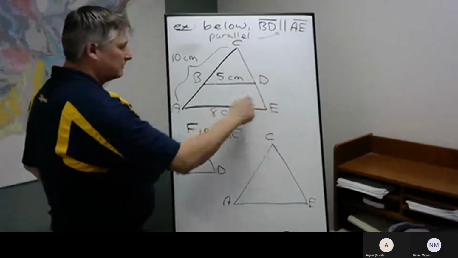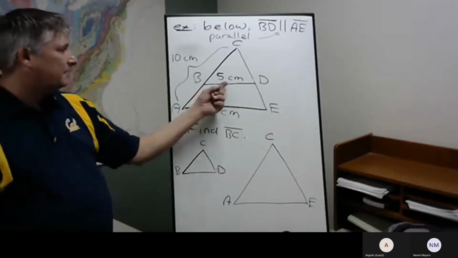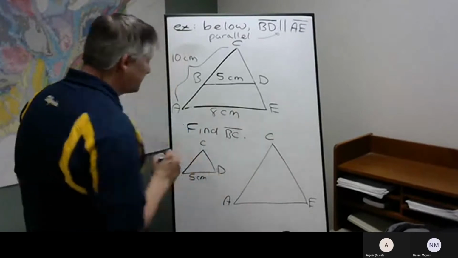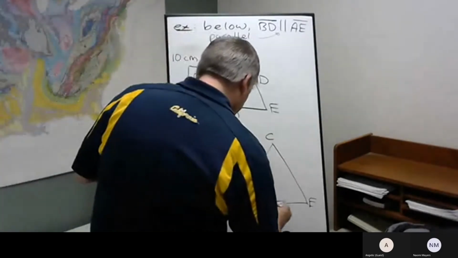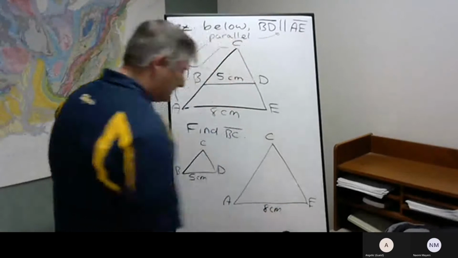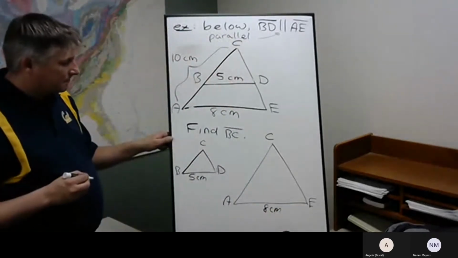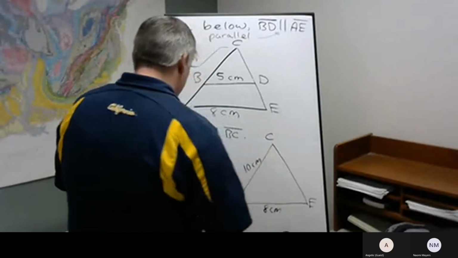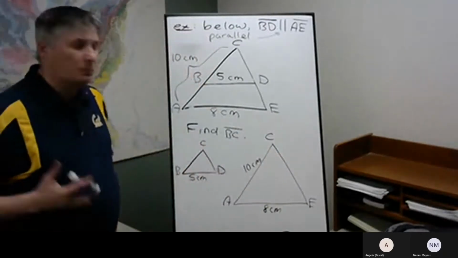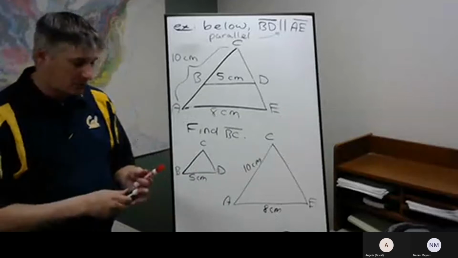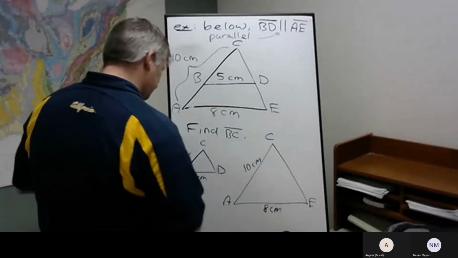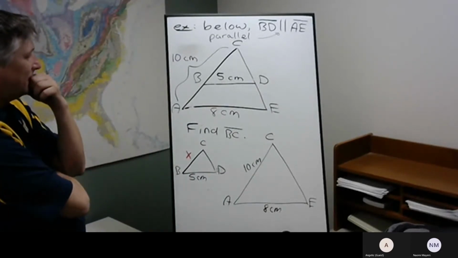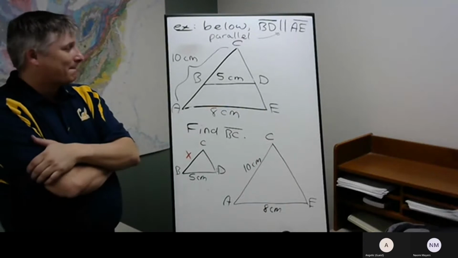The entire one, that's going to be our second. Now the little one, BD, is 5 centimeters. And then this one, AE, is 8 centimeters. Now AC is 10 centimeters. And BC, we don't know. That's going to be X. So questions about this?